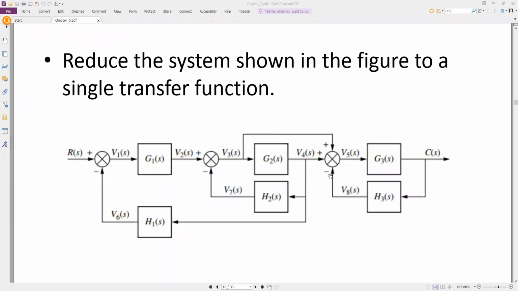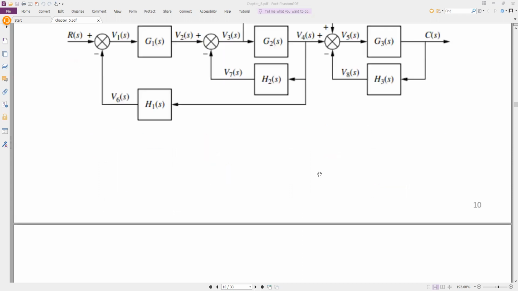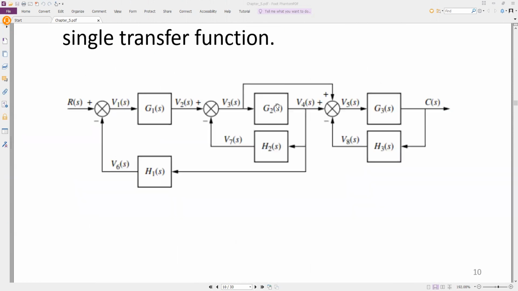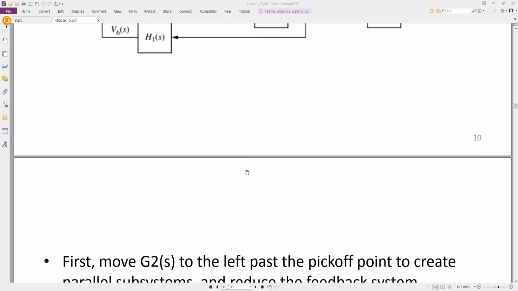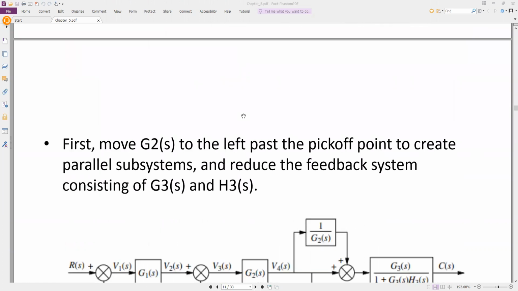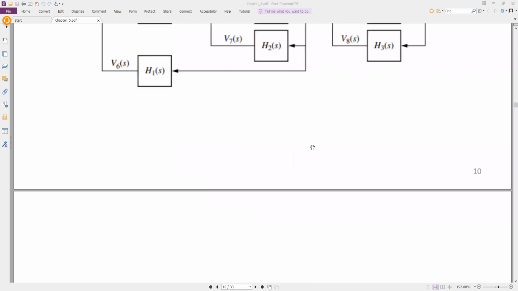First of all, see what you can do. We can reduce the block. So first thing, move this one from the right to the left of the pickup point. It will be 1 over G2(s).